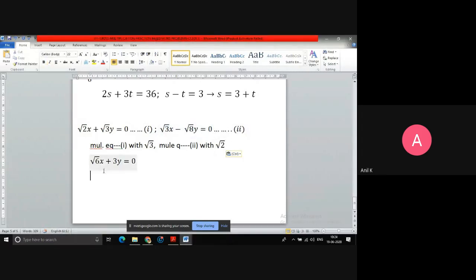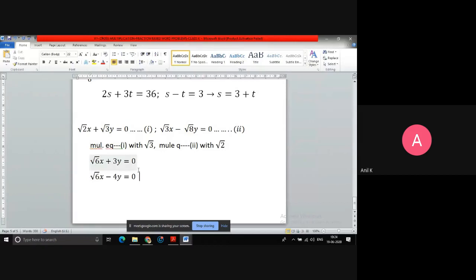Root 3 into root 2 is going to be again root 6 only. Yes. Just now we are done. Minus, here you have root 8 into root 2 will be root 16. So root 16 is 4, going to be 4y, equals to 0.